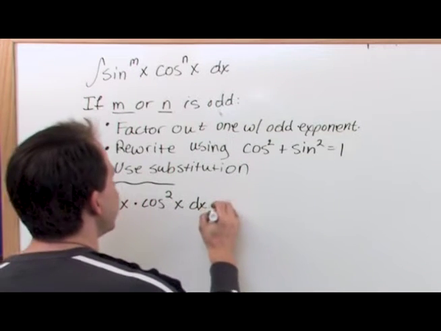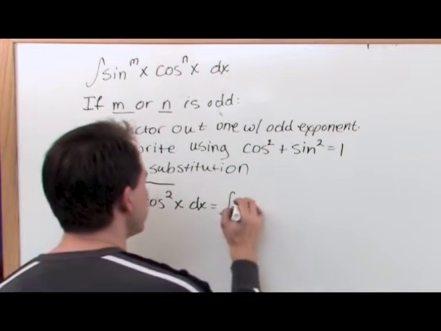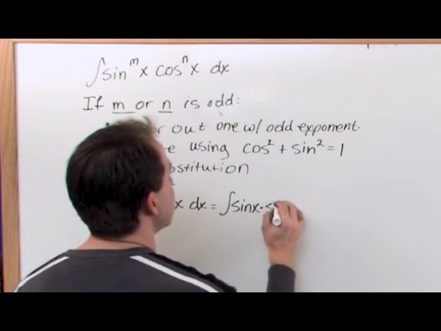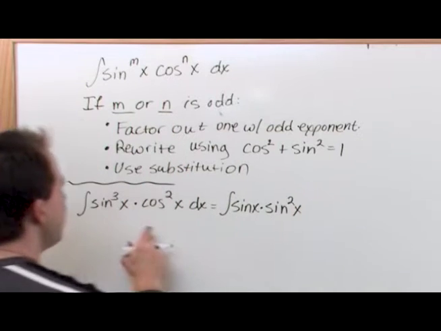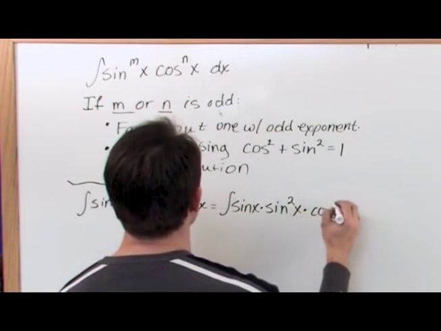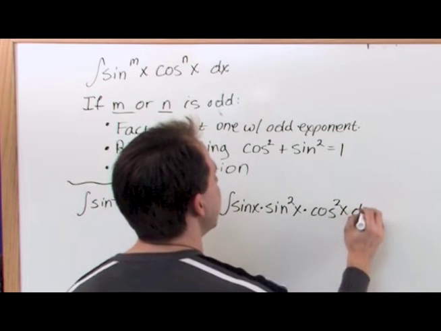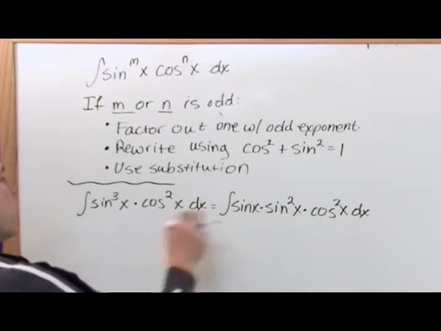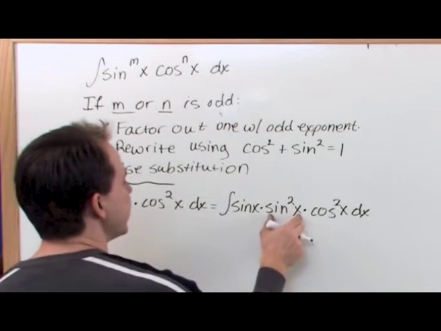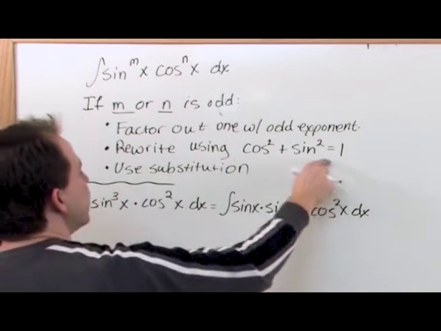So I'm going to rewrite this integral as sine of x times sine squared of x, that's what I mean by factor him out, that's all you're doing, times cosine squared x dx. We've just pulled out one of these sines, okay? And the next thing I'm going to do is rewrite this sine squared using this identity right here.